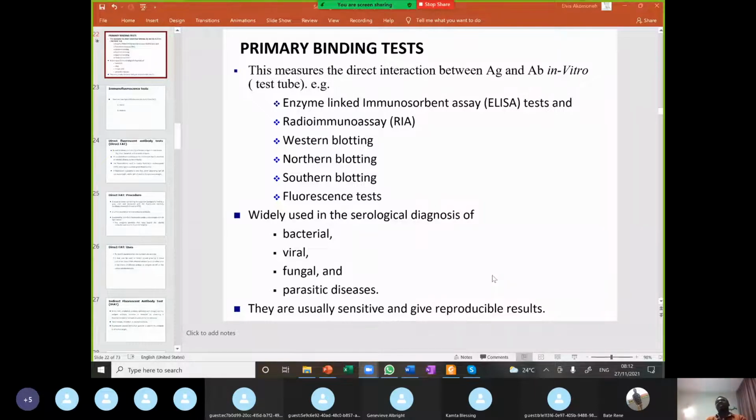And tertiary, as I indicated, is the only in vivo test, which measures a consequence of the interaction between antibody and antigen, which could now result in neutralization of the antigen in the system, and you find the person recovering. We'll be talking mainly on primary and secondary tests. We are not going to look at a tertiary test in this course.